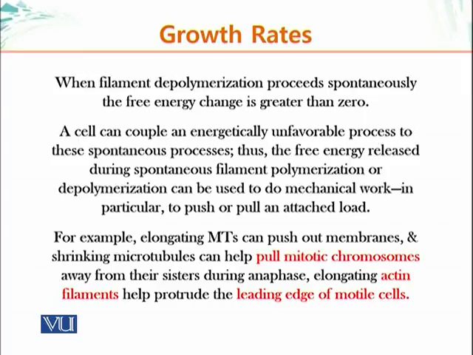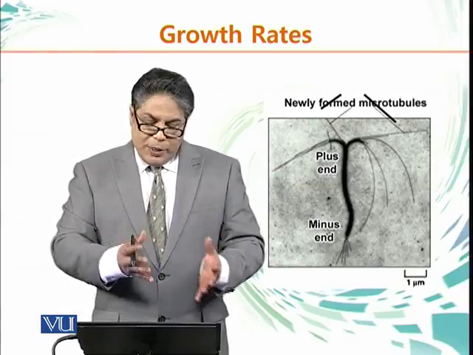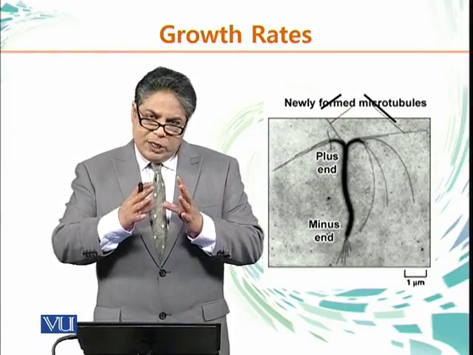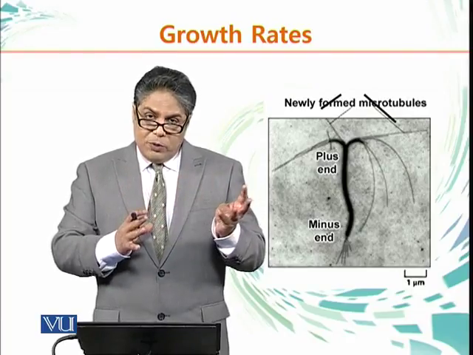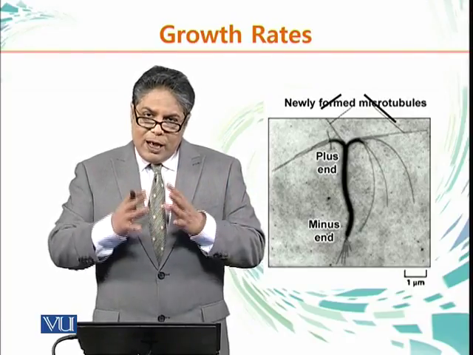I will also show you a video where you can see these cytoskeletal elements exerting force on the membrane, which results in either a change in cell shape, or it can also result in movement of the cell. So that's basically it, we have seen that the growth rates at two ends of these filaments, the microtubules and actin filaments, are different.